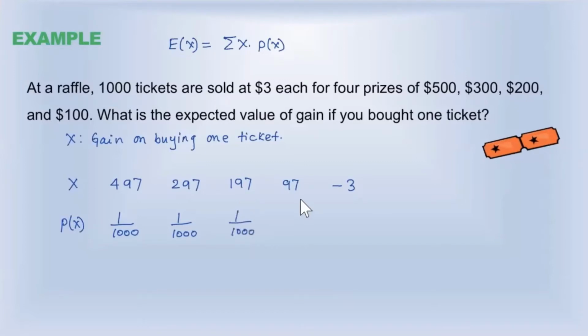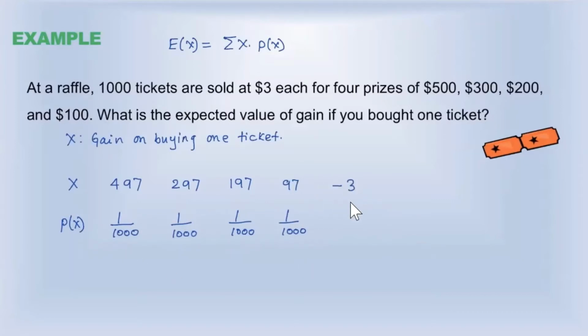And the probability of gaining 97, they are just giving $100, that means 1 out of 1,000. They are just giving these 4 prizes: one with $500 back, one with $300 back, one with $200 back, and one with $100 back.